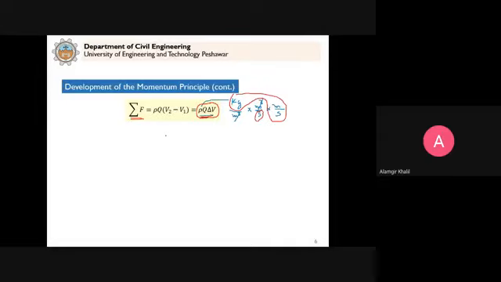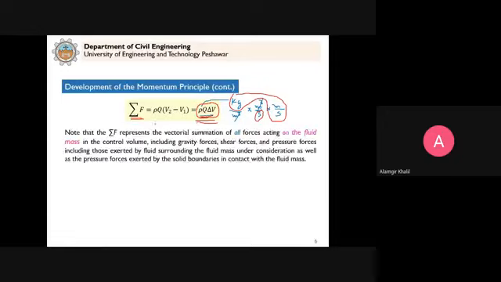For steady flow, you just simply need to calculate this quantity here. And this quantity rho Q is the mass flow rate, and delta V is the change in velocity.